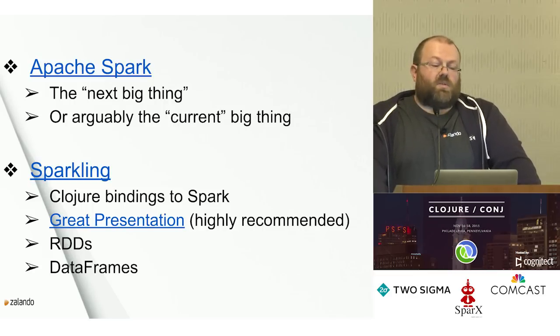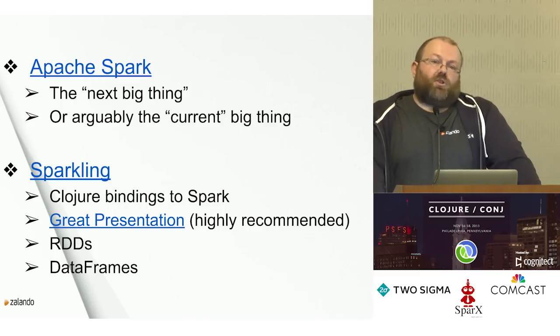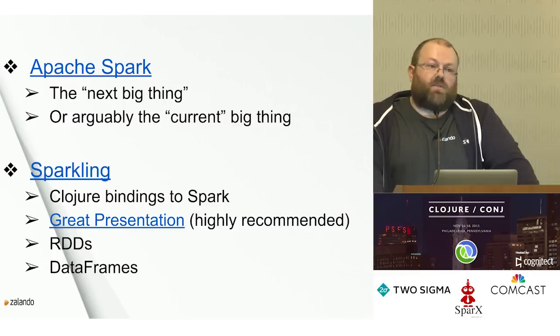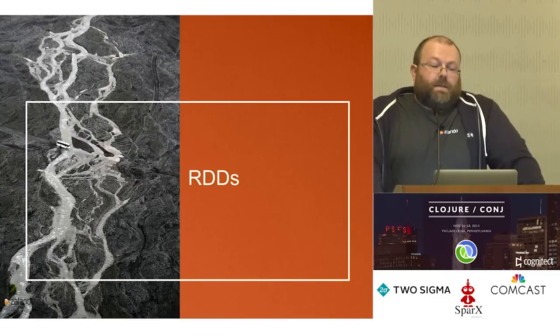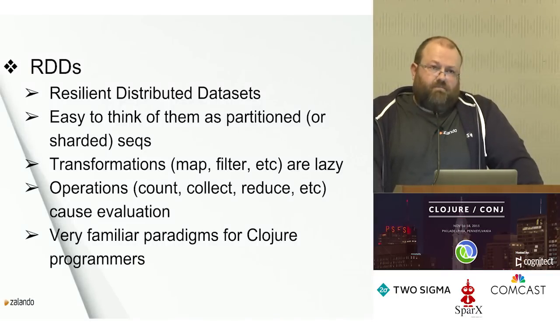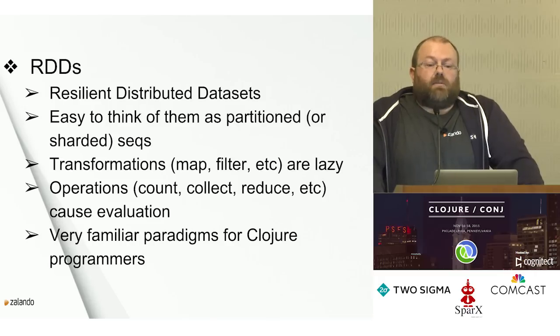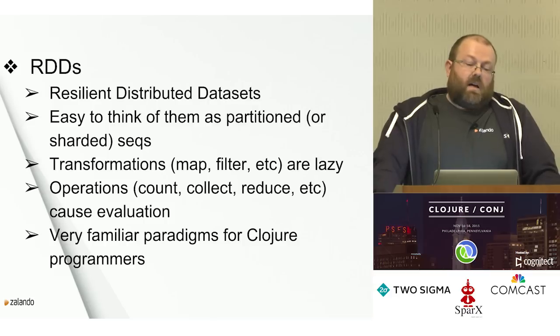At its core, Spark has two main data structures or ways of manipulating the data. RDDs, which stands for Resilient Distributed Data Sets, and data frames. RDDs are actually very familiar to Clojure programmers because they basically look like sequences.